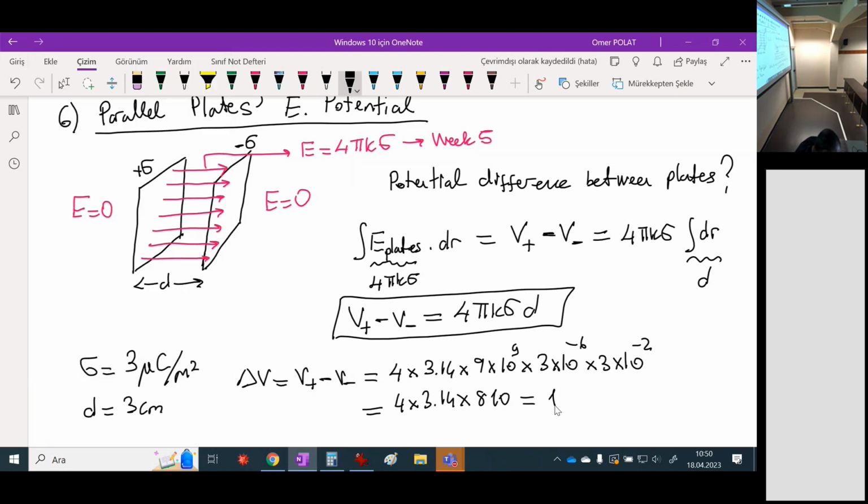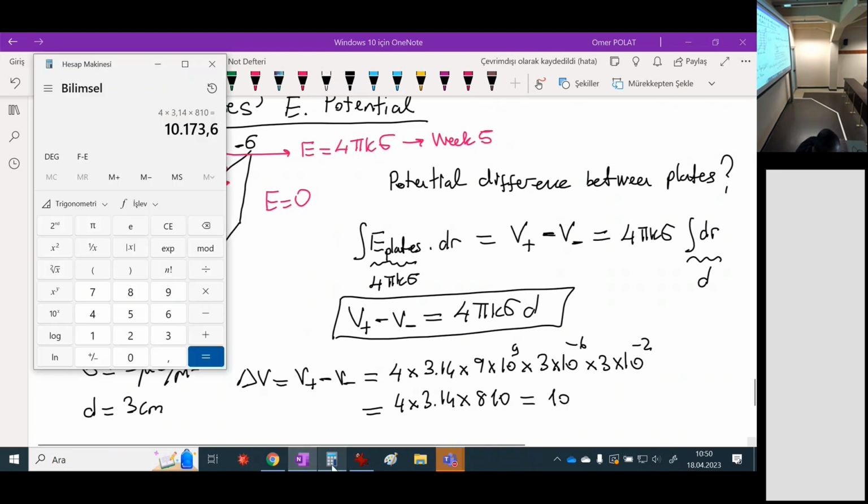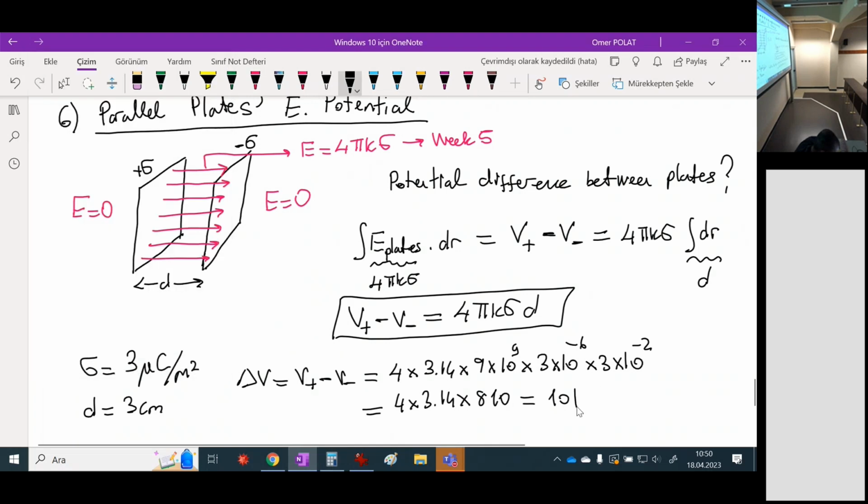That gives about 10,173 volts. As you see, there is a huge electric potential, a high voltage between the plates.